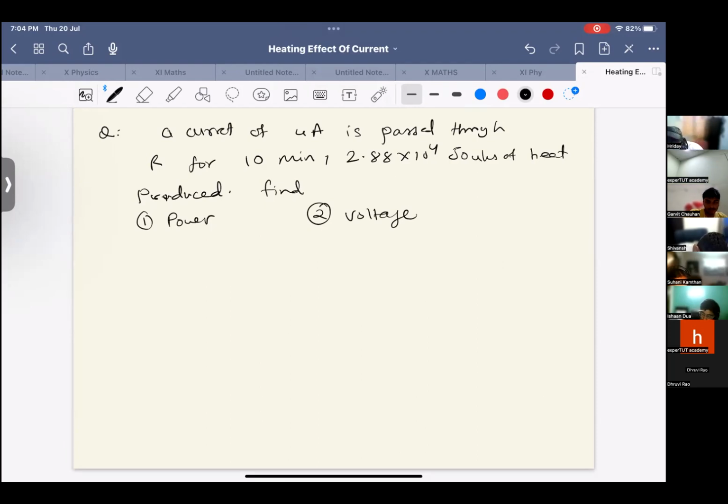Sir, can you say how much heat is produced? 2.88, right? Into 10 to the power 4. Okay, 2.88 into 10 to the power 4.